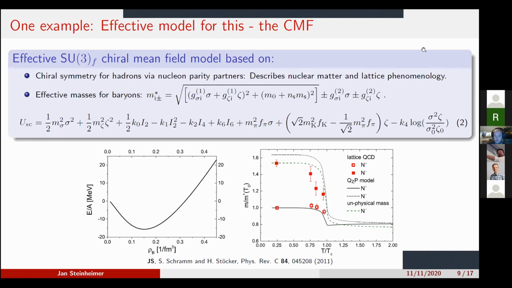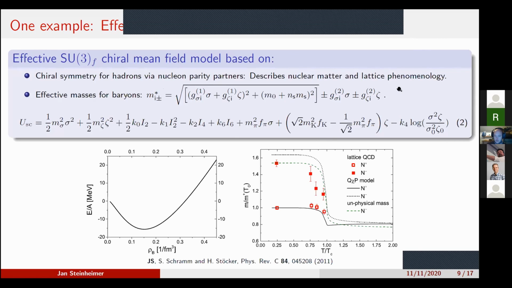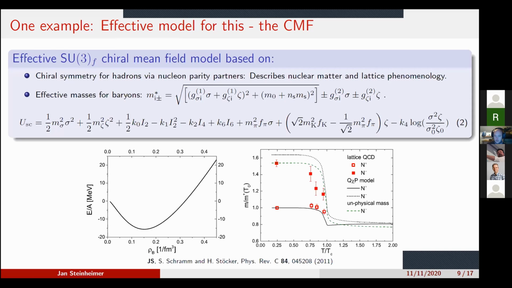That means you have a ground state baryon, and this ground state baryon has a parity partner, which is basically a baryonic state with the same quantum numbers except opposite parity. The appearance of chiral symmetry is then manifested not in the dropping or disappearance of the mass of the baryon or the nucleon, but in the degeneracy of these two states. So both states have the same mass, but it is non-zero.